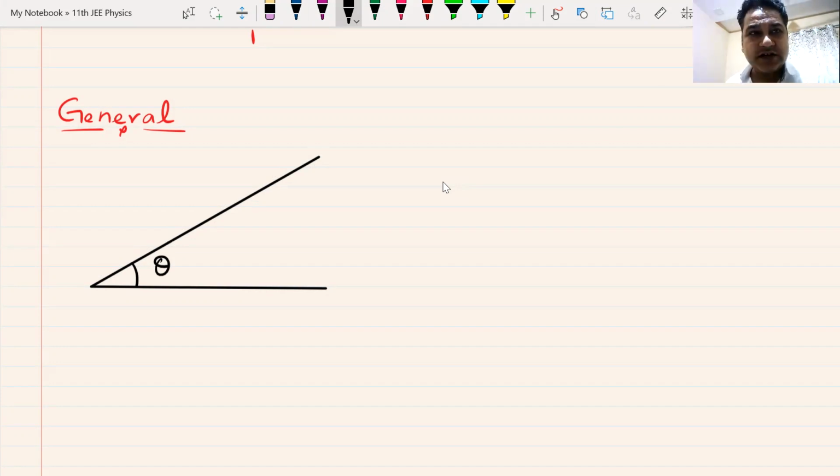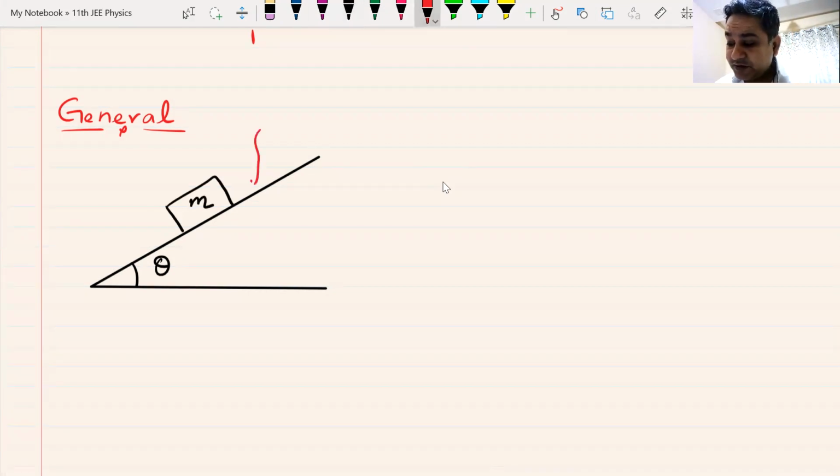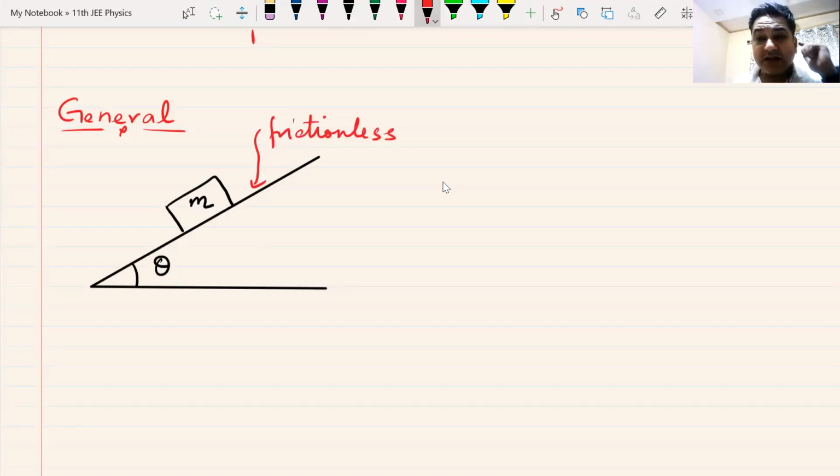Then I have a block of mass m kept on this surface. Remember, this surface is frictionless. We'll also see the case when friction comes.